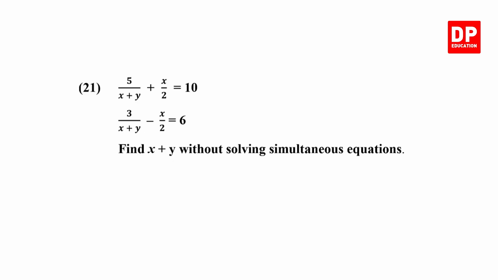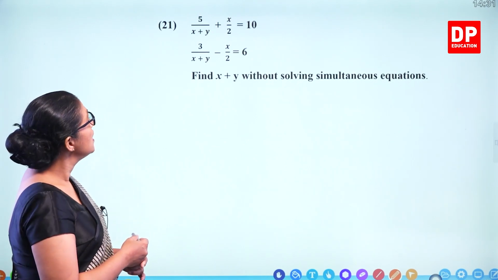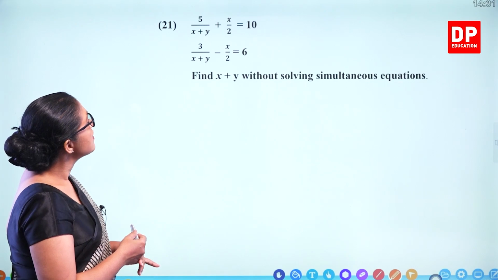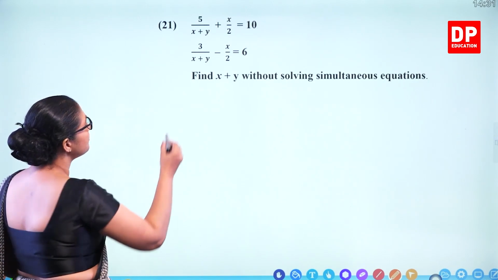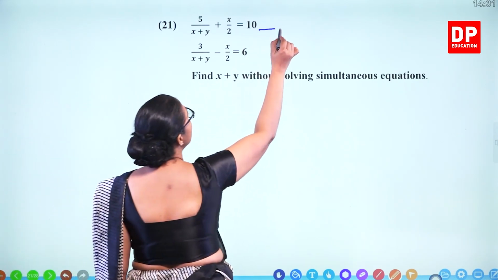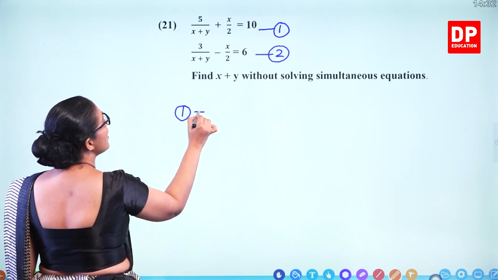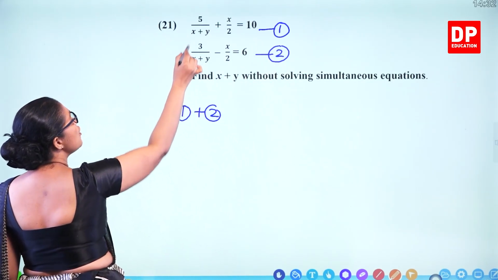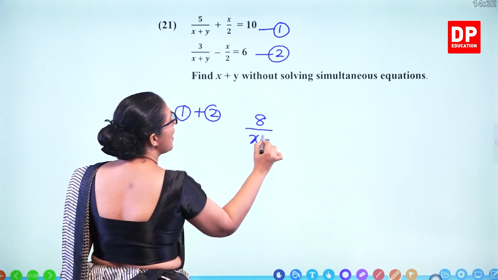Question number 21. Find x plus y without solving simultaneous equations. So either adding or subtracting. We'll add and see. 1 plus 2, what do you get? Same denominator. So 5 plus 3, you can write 8 over x plus y.